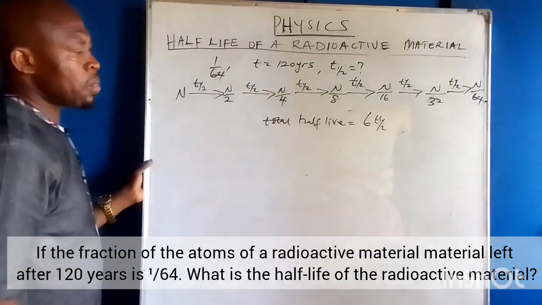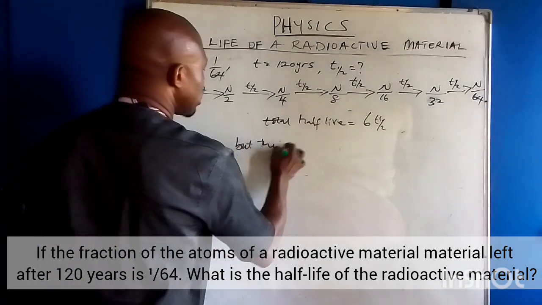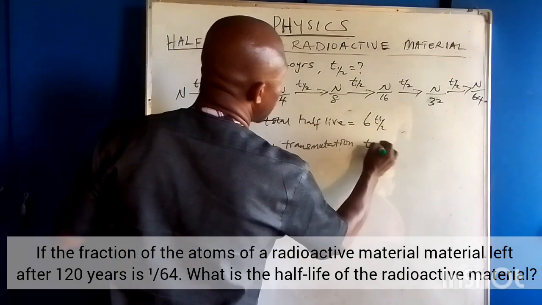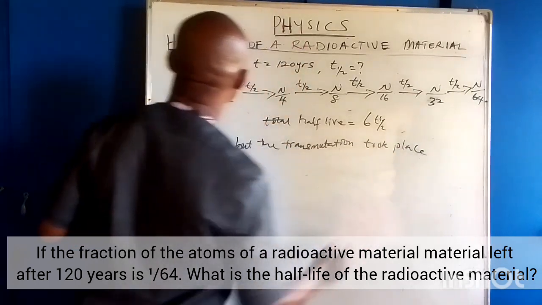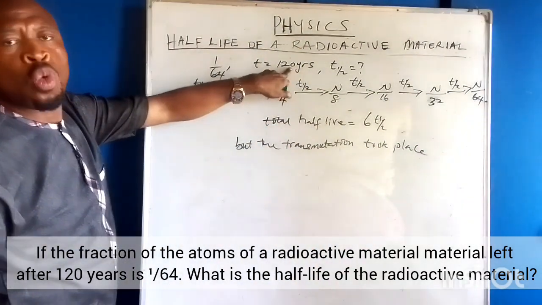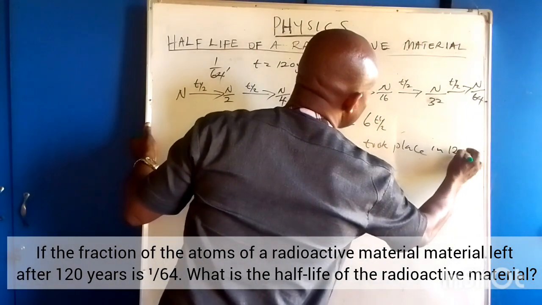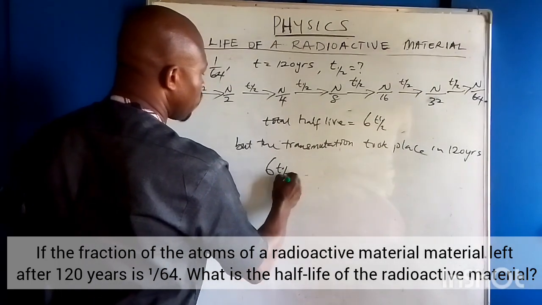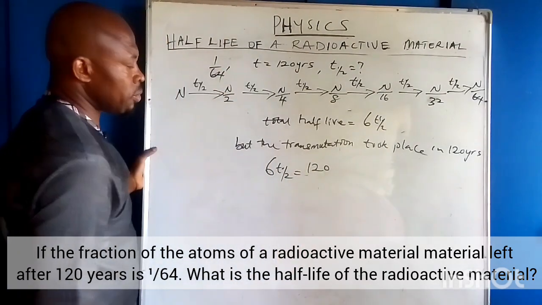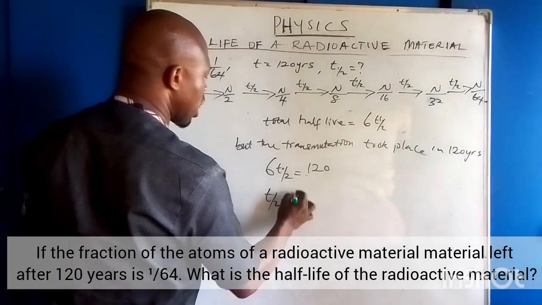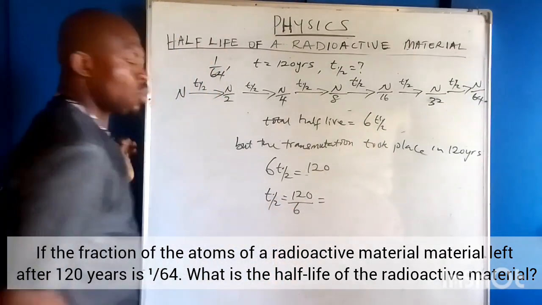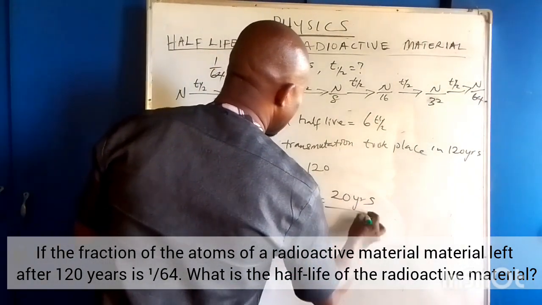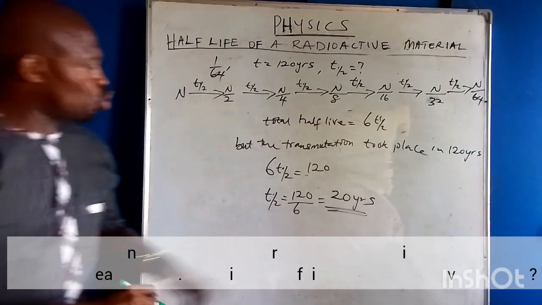But the transmutation took place in 120 years. Therefore, we equate this. So we now have 6 half-lives is equal to 120 years. Let T half be the subject. T half will give us 120 over 6, which is 20 years. So the half-life here is 20 years.